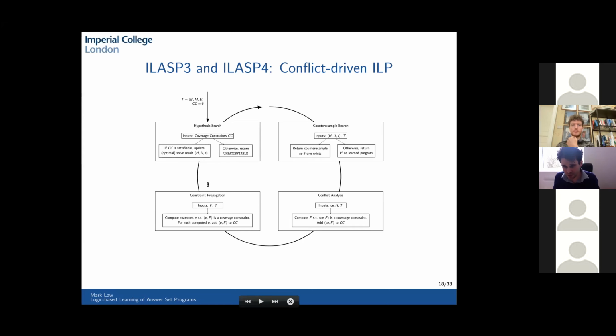And then we go round to the counterexample search, find a very similar example, example 2, and find exactly the same coverage constraint in the next iteration, and keep going and going and going and finding the same coverage constraint until the sum of all of those penalties has reached a high enough level for the hypothesis search to change direction.